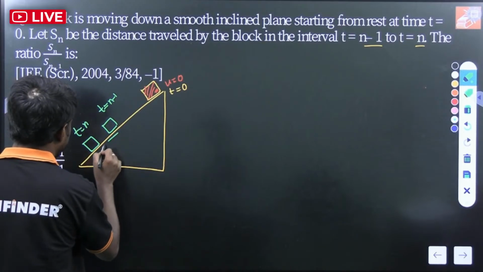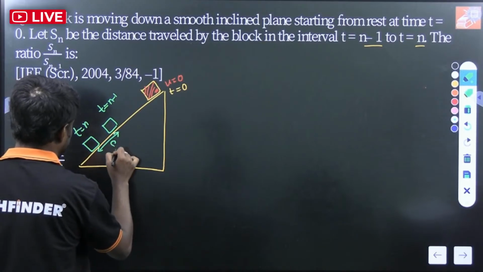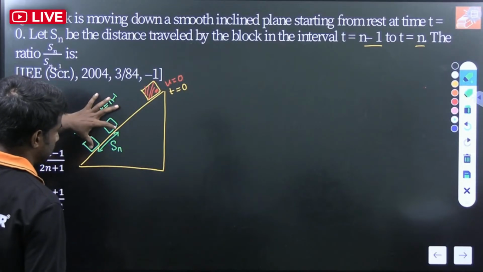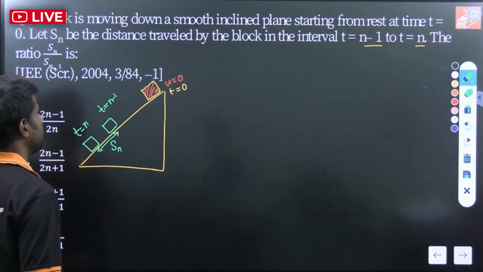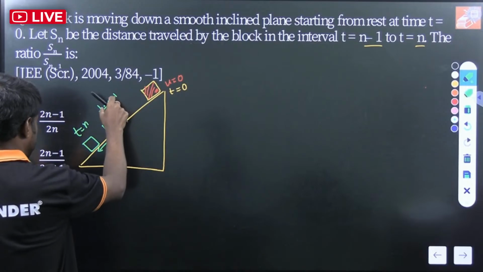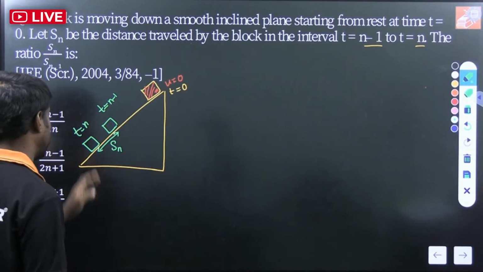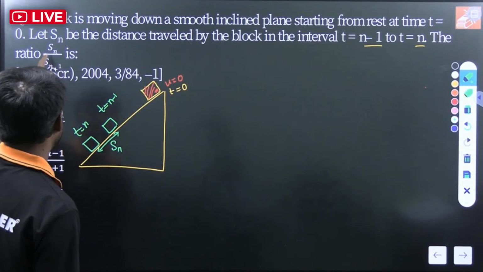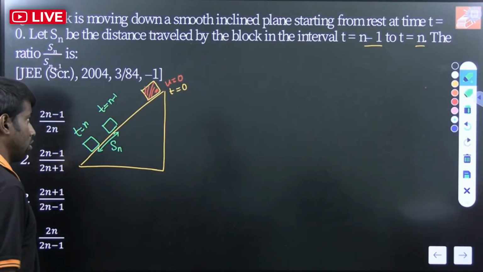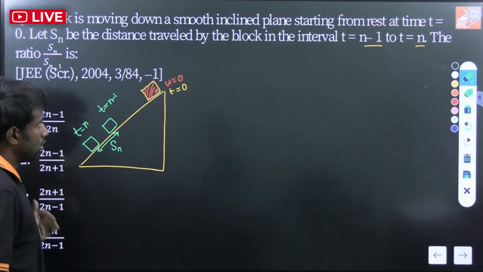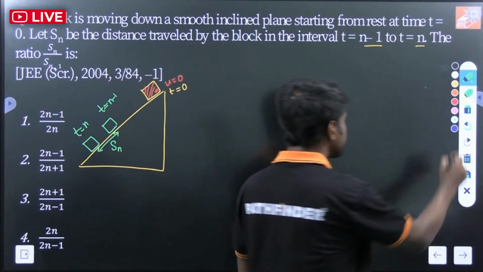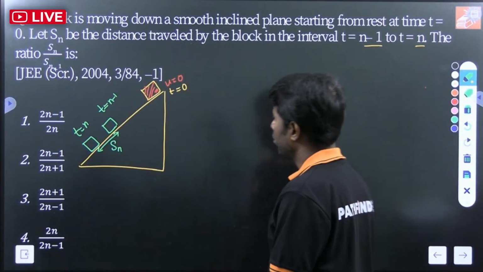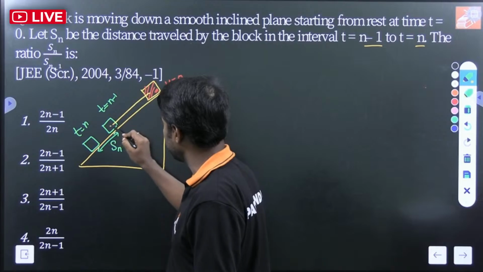So that is given here as Sn, the distance traveled in the interval t equal to n minus 1 to n. Now they ask what Sn by Sn plus 1 will be. First, suppose this one is our S1.